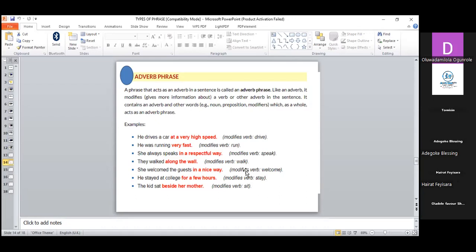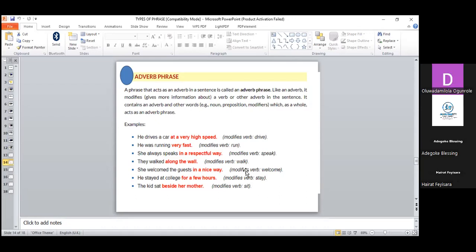Now, I am using the verb so that you can understand how we are talking about the verb. Knowing that the verb is an action word, I can better put it that an adverb modifies an action to tell us how the action was done, where the action was done, and when the action was done. There are some other categories.